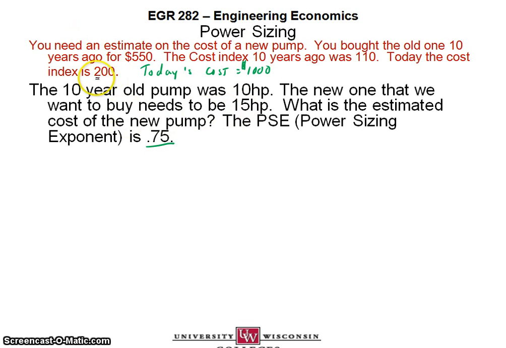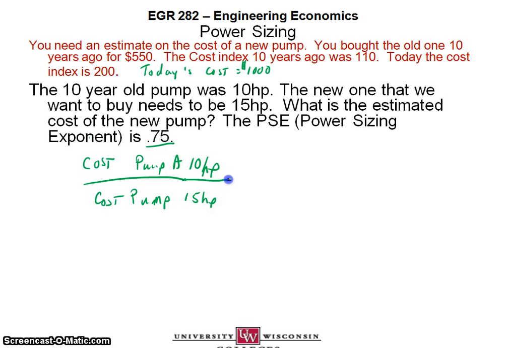And if we remember our equation, we had the cost of pump A, in our case, we'll say the 10 horsepower, divided by the cost of pump B, or a 15 horsepower one, right? We know this cost. We don't know this one. This one's an unknown. That's what we want to find.